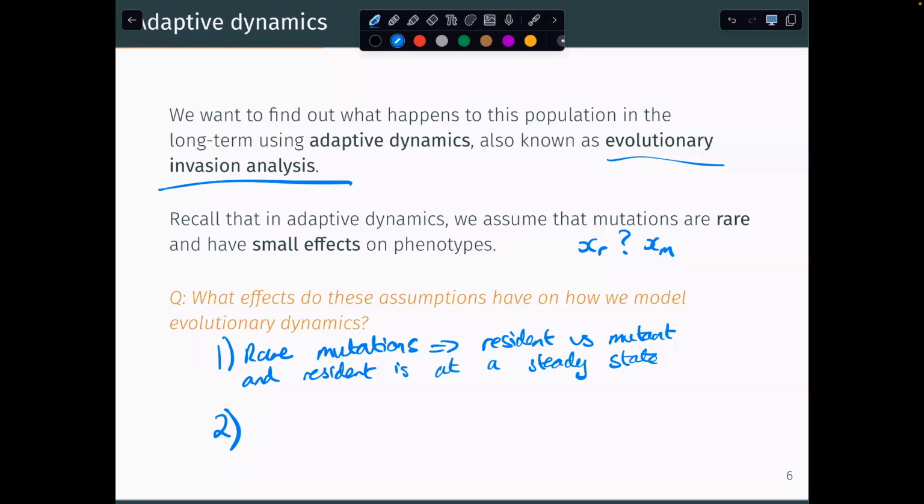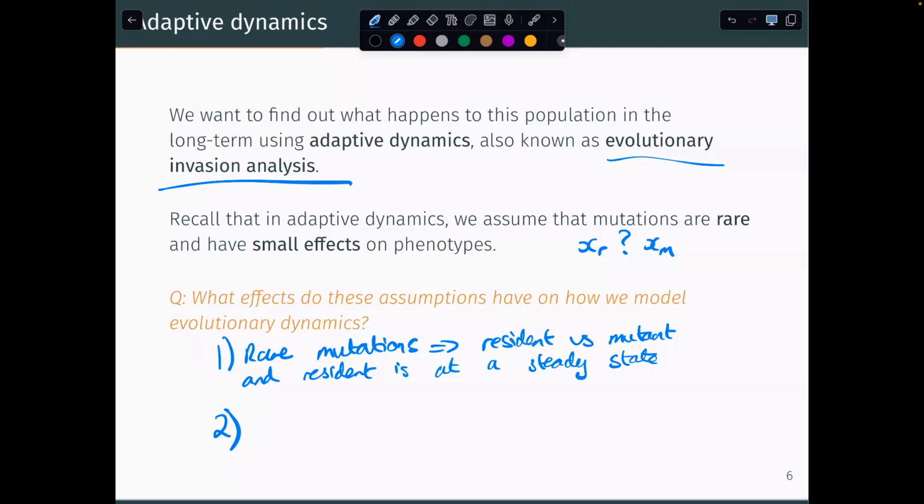Anyone? I don't want to keep asking Mark. It's not a trick question. If mutations have small effects on phenotypes, what do we expect XR to be relative to XM?